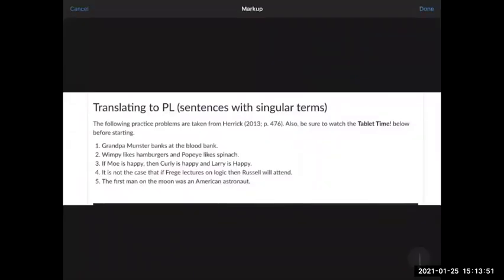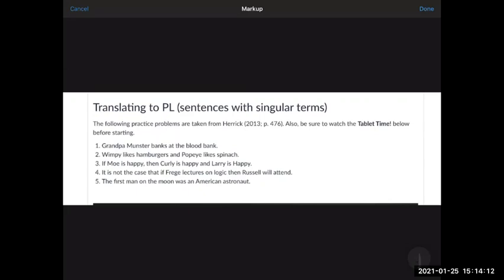These are all from Herrick. I really like his book in general, so I tend to borrow from him a lot. Let's take a look at these and see how to translate them from English to PL. So, Grandpa Munster banks at the blood bank.